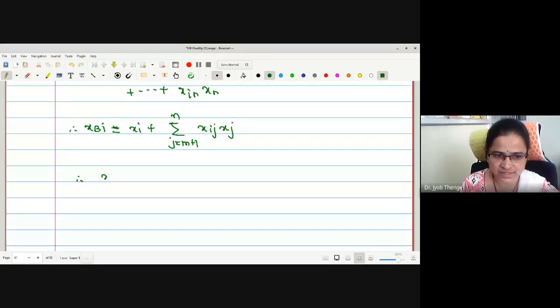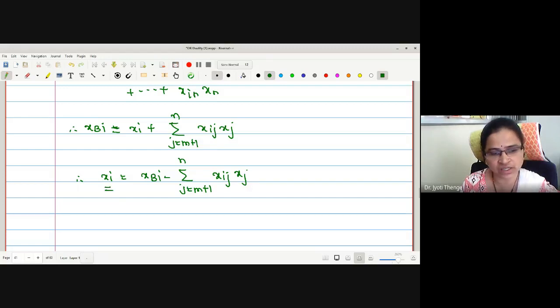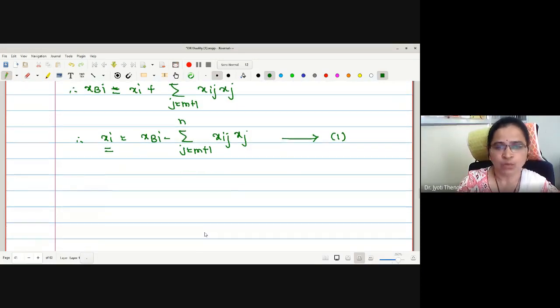That is, xi is equal to xbi minus summation j equals m plus 1 to n of xij into xj. Here we have written the variable xi as an equation, and let me call it statement number 1.